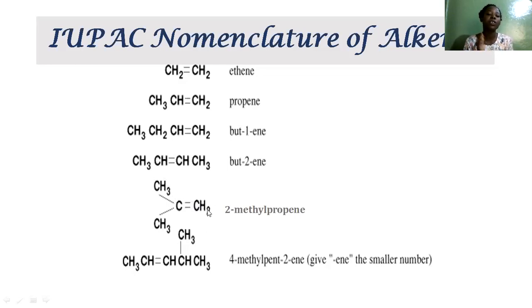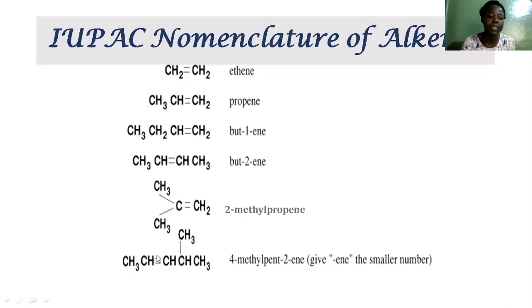But remember, you have to give preference to the double bond. So the name of this compound is 2-methyl. Why? Because the double bond is on carbon 1. You couldn't have said 1, 2, 3. No. So the name of the compound is 2-methylpropene because the substituent is on carbon 2.